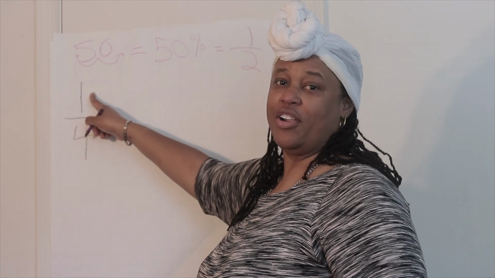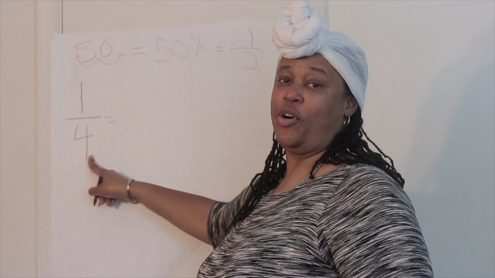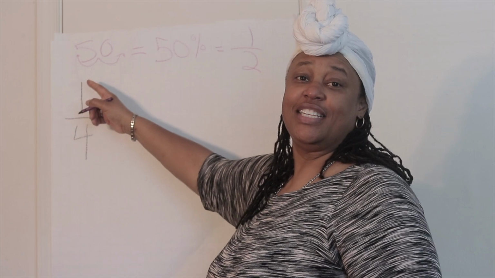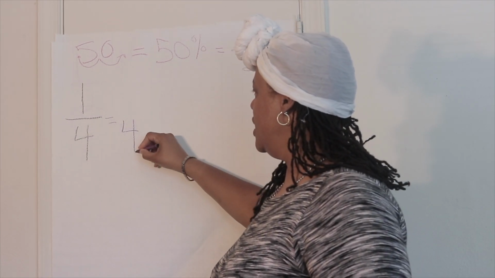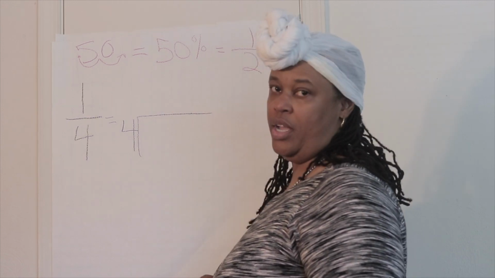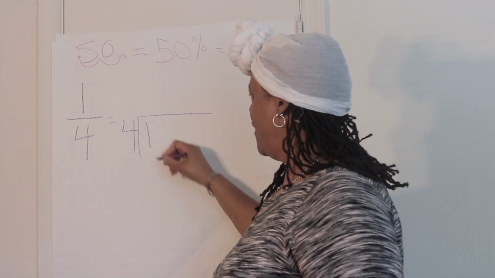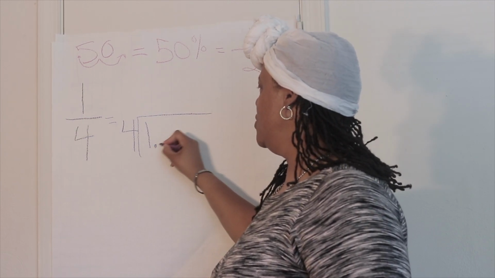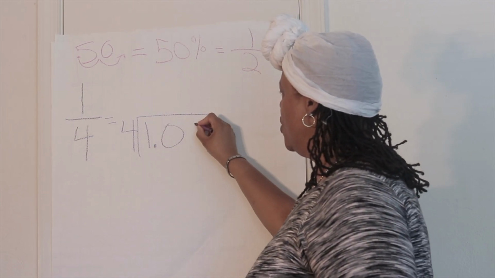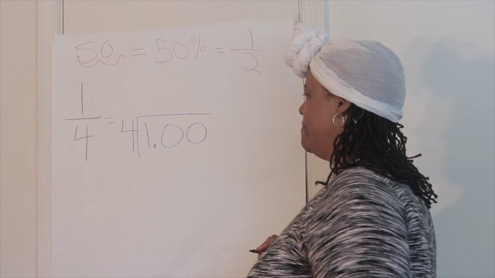That's 1 part out of 4 whole parts. In order to change this fraction to a decimal, we must divide 4 into 1. Don't forget to add your decimal and your 2 zeros.